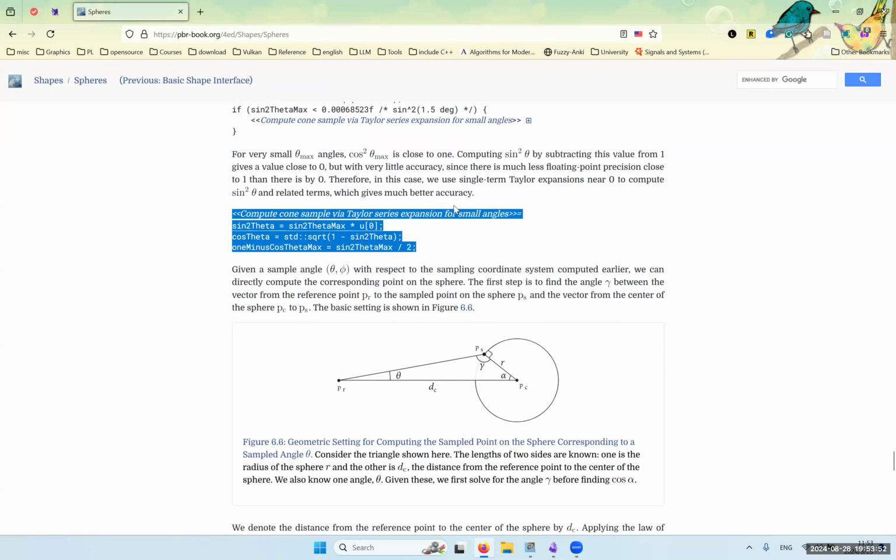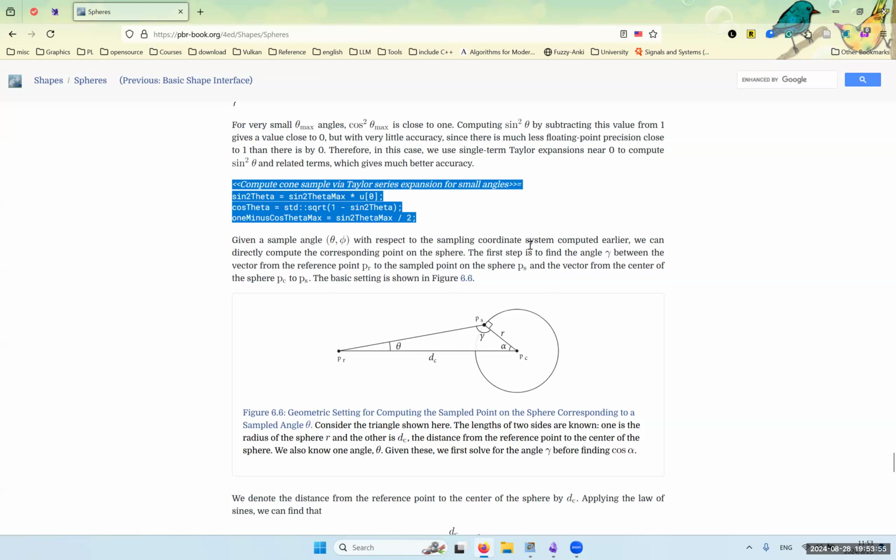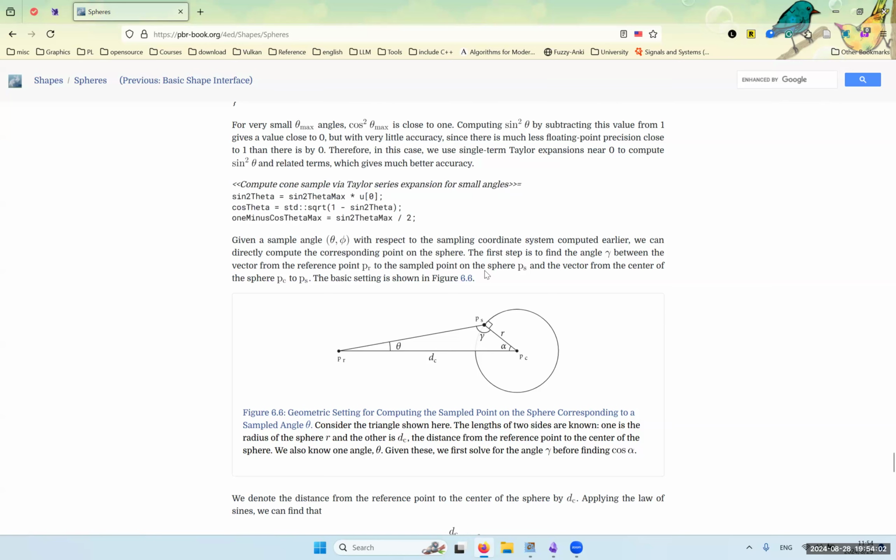Given sample angles theta and phi with respect to the sample coordinate system computed earlier, we can directly compute the points on the sphere. The first step is to find the angle gamma between the vector from the reference point P to the sampled point on the sphere, and the vector from the center of the sphere to the sampled point. So like this.